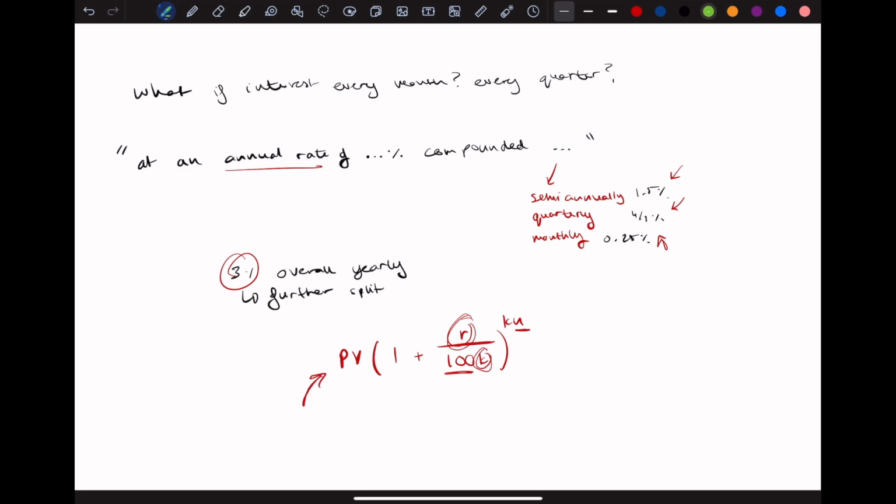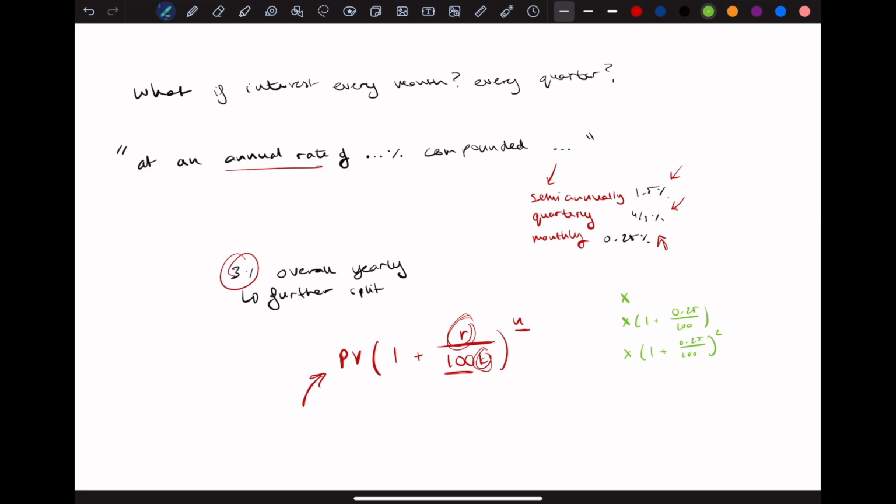So just quickly to illustrate, say you have X amount of money, and then by the end of the first month, you're going to have X times 1 plus 0.25 divided by 100. By the end of the second month, you'll have 1 plus 0.25 divided by 100 to the power of 2, and so on.